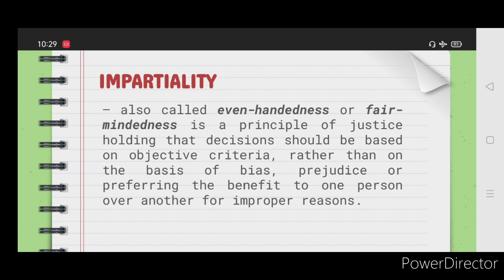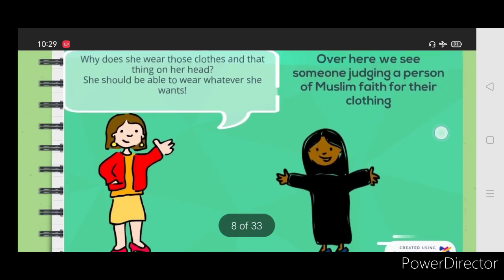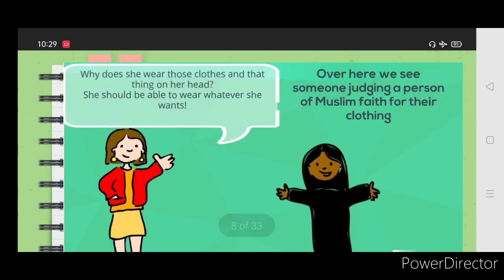Okay, so next is we have, ayan, I have here the example. Why does she wear those clothes and that thing on her head? Okay? So she should be able to wear whatever she wants. Over here, we see someone judging a person of a Muslim faith for their clothing. Diba? So, nawawala na yung teorya ng cultural relativism.